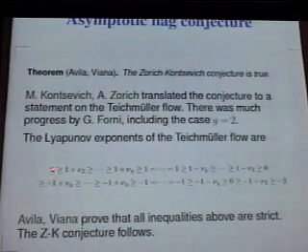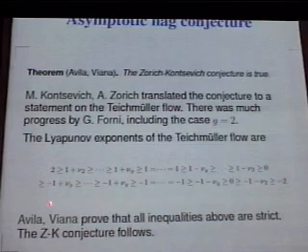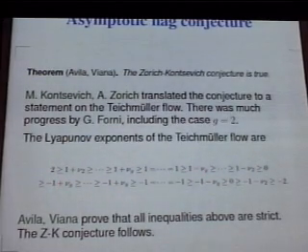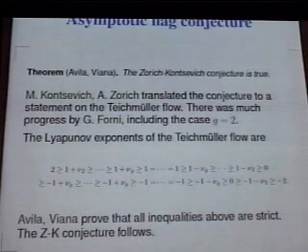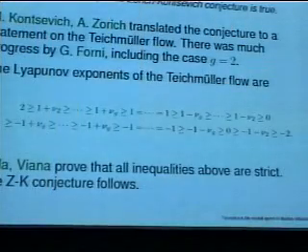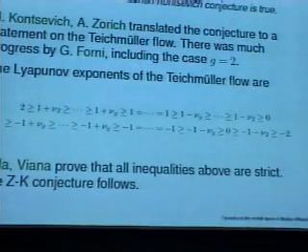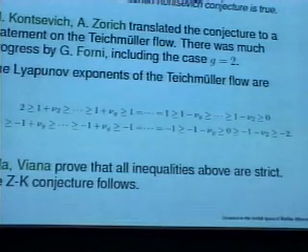There's a larger one, which is 2. There's a smaller one that's minus 2. 0 is a Lyapunov exponent, and then they come in two series, one of positive exponents, one of negative exponents, and actually the negative ones are symmetric to the positive ones. The reason for this symmetry is that the Teichmüller flow is a symplectic dynamical system, and this symplectic character immediately implies this symmetry.